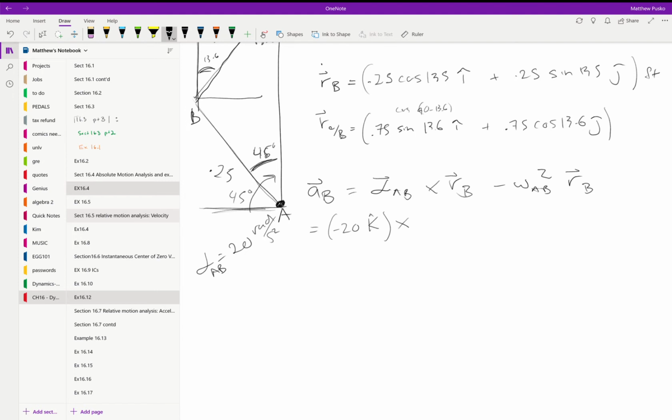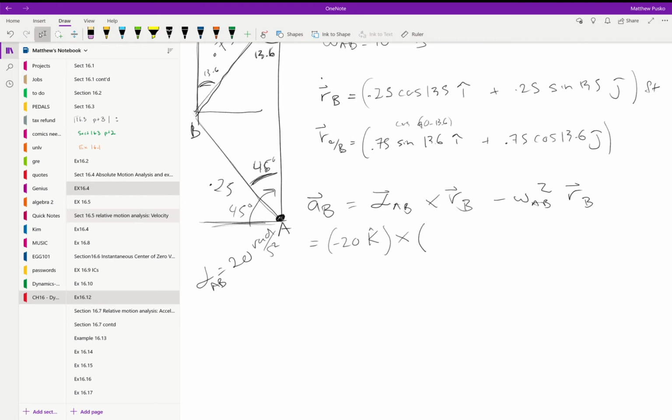But it's going clockwise, so I gave it a negative, and it is in the K direction. We're going to cross that into R of B, which is 0.25 cosine 135 in the I, plus 0.25 sine 135 in the J.